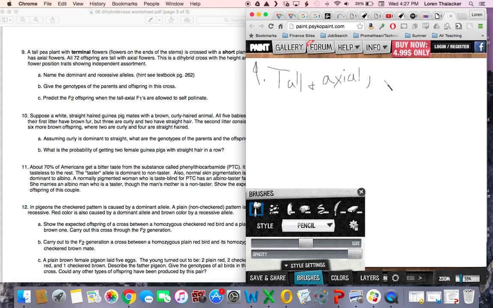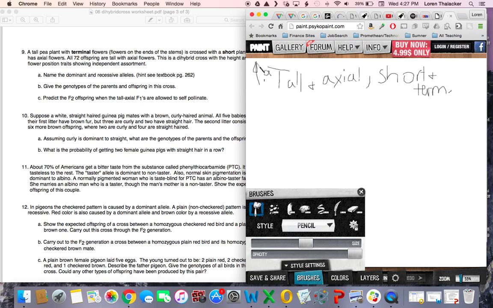The recessive alleles are short and terminal. So flowers on the end. I'm just going to write terminal. Alright, that's letter A.